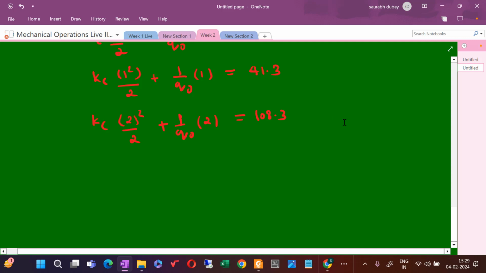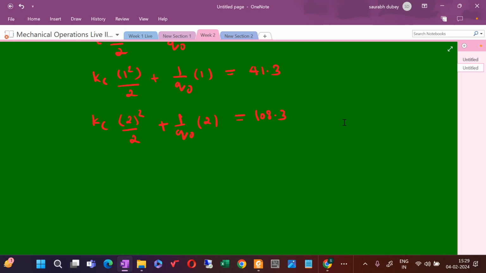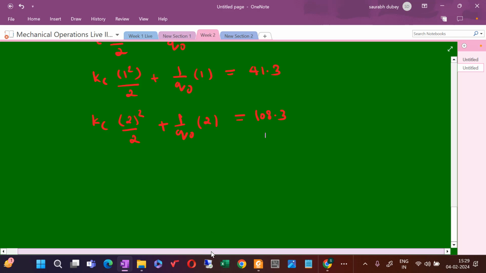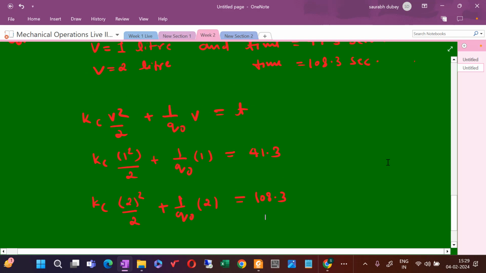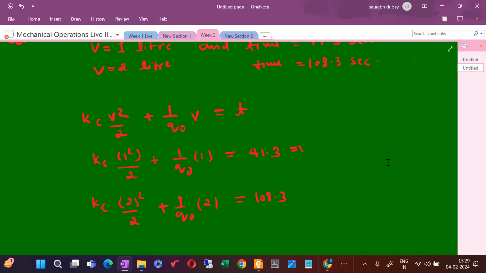So this could be solved. Solving the first equation, we will be getting Kc by 2 plus 1 by q0 equals to 41.3, and here 2 Kc plus 2 by q0 equals to 108.3.